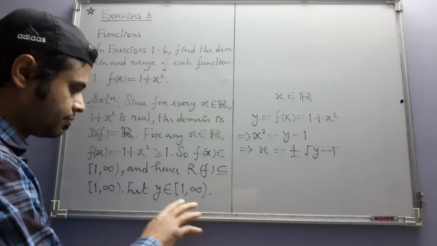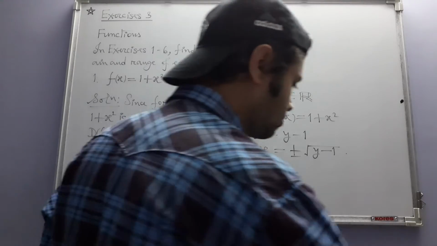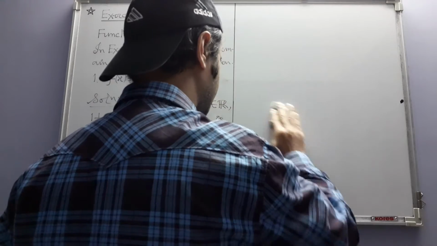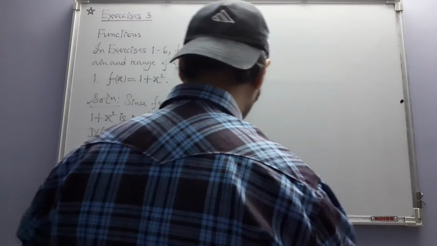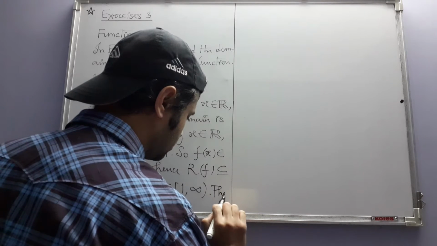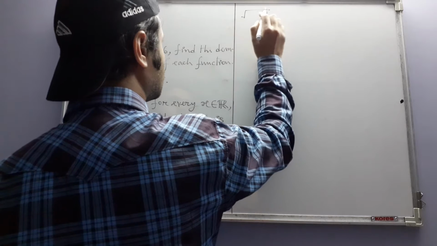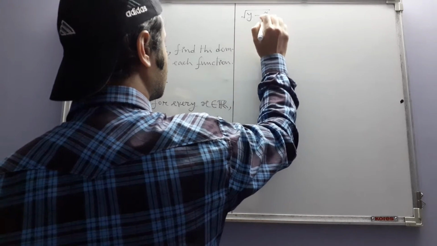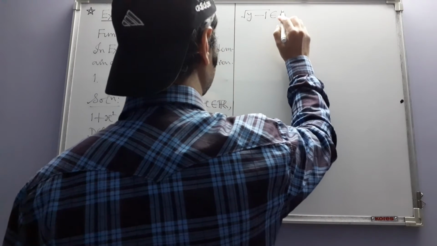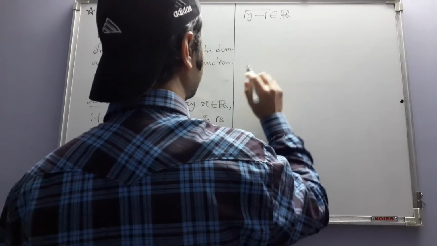So we now, having taken this y here in this set, we now write next this. Then this belongs to R, which is the domain.